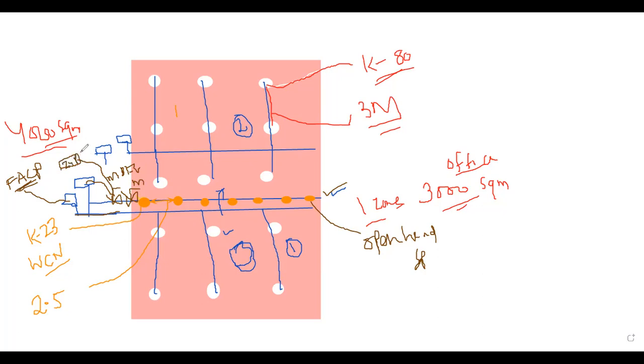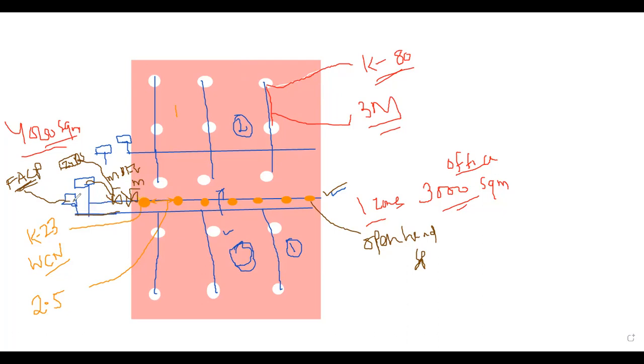Is it clear for all? Usually that flow switch you connect to the fire alarm panel with a monitor module. But how are we connecting to the motorized valve?